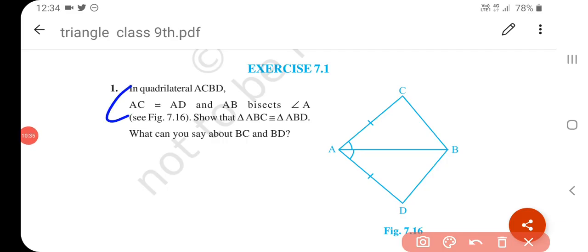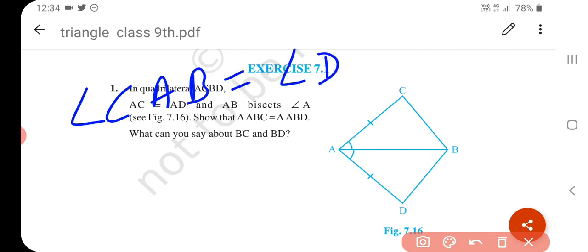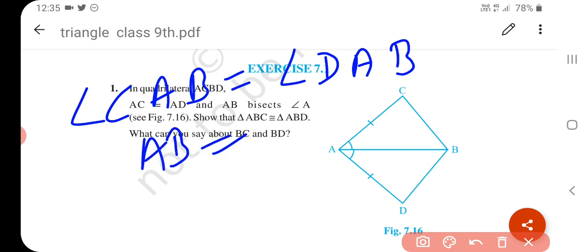Angle CAB is equal to angle DAB. It's given because AB bisects the angle. Now AB is equal to AB because it's the common side.